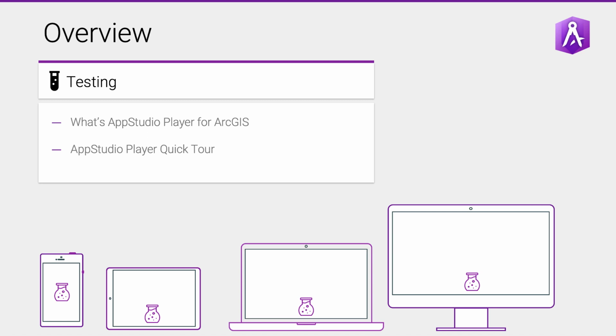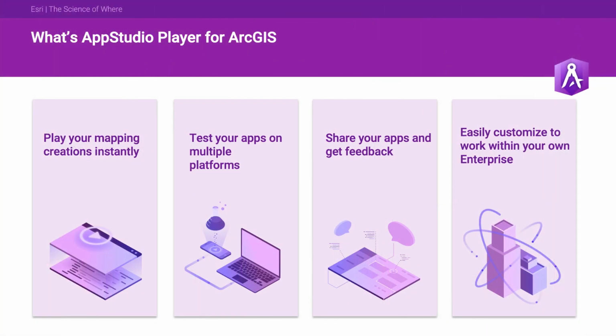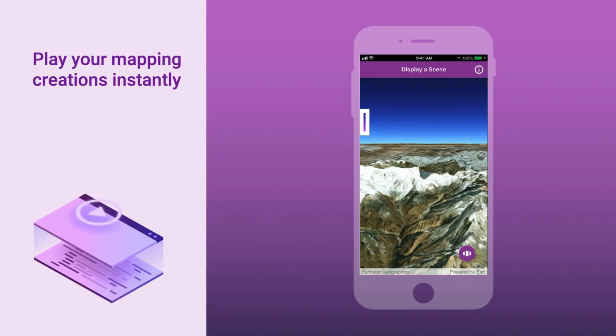The agenda for this video is to show you what is AppStudio Player for ArcGIS and a quick demo of the AppStudio for ArcGIS. AppStudio Player is like a magical tool that can do a lot of things. AppStudio Player is like a container.